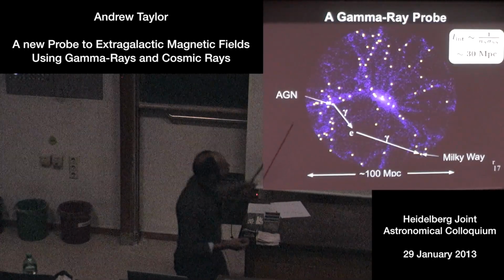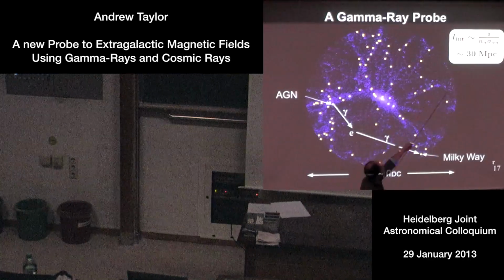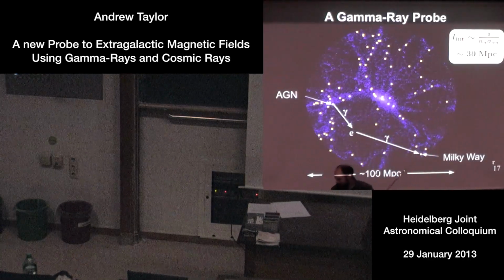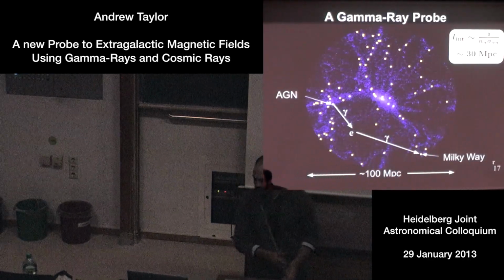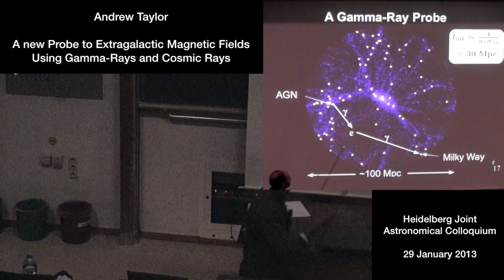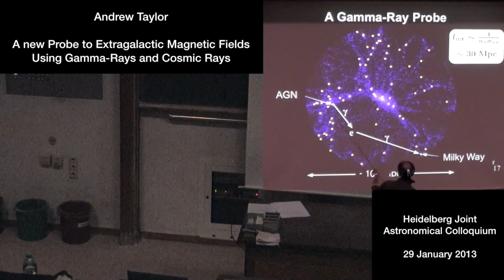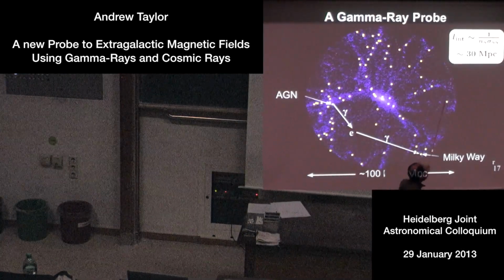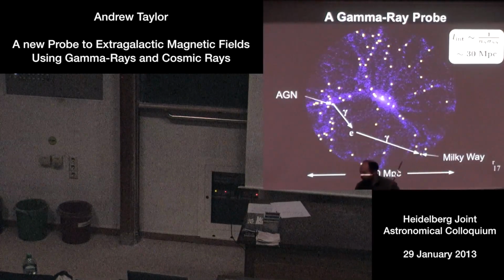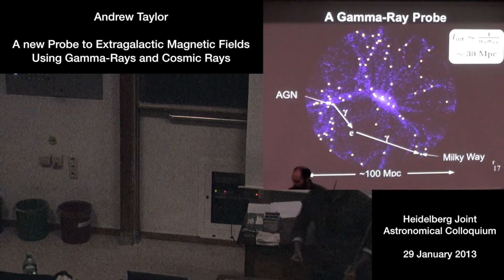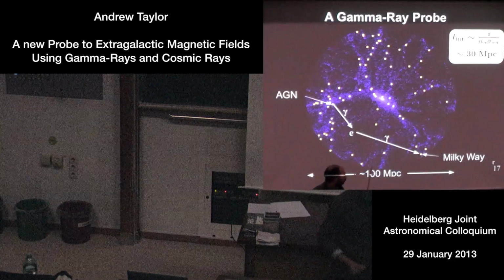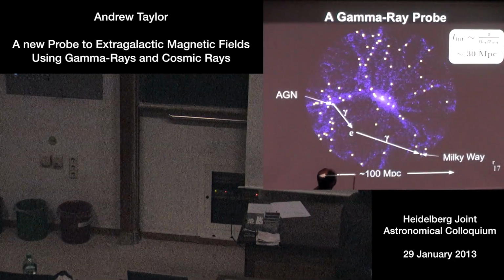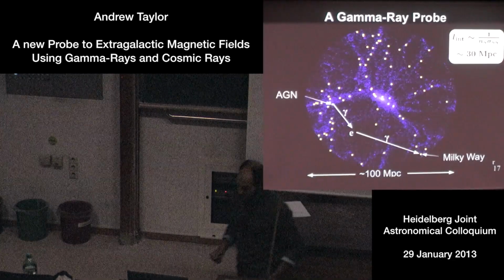And you'll see that I get similar interaction lengths to what I had for cosmic rays. It's not really a coincidence. The high energy photons here interact with the same target photons, the infrared background photons, as my cosmic rays. And the cross sections are within a factor of 2, they're exactly the same.